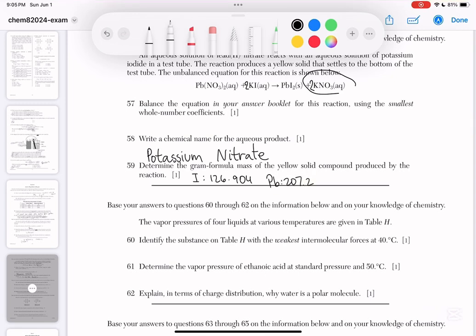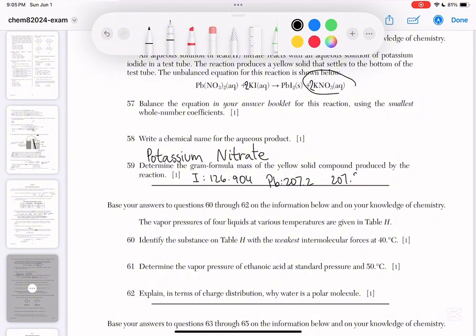So yeah, to find the gram formula mass, you would do the lead plus 2 times the iodine, because it's PbI2 and not PbI. So you have to remember that, take that into consideration when you're finding the gram formula mass.